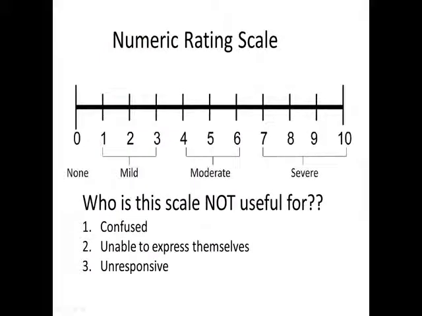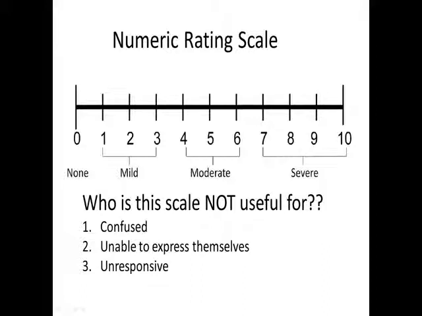We already talked about the numeric rating scale. It is clearly the most accurate data for assessing pain intensity from the patient. For patients that are able to provide you with verbal responses, the alternative behavioral tools we're going to talk about should not be considered as a routine substitute for this numeric rating scale.